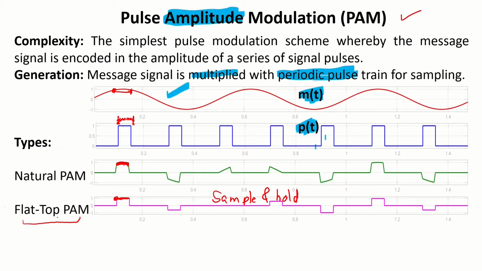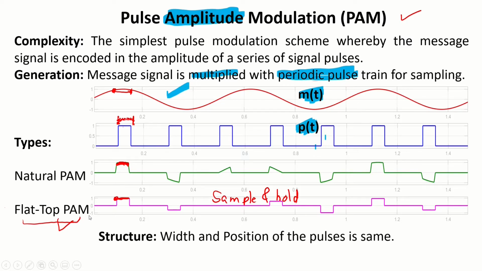So this formulates our flat top PAM. An important consideration over here is that the width and the position of pulses is the same. That is, the width remains the same for all of these pulses and they appear after the time period, say Ts.